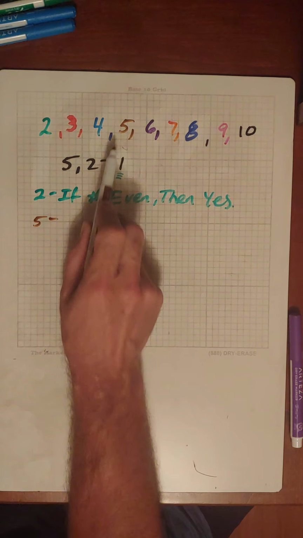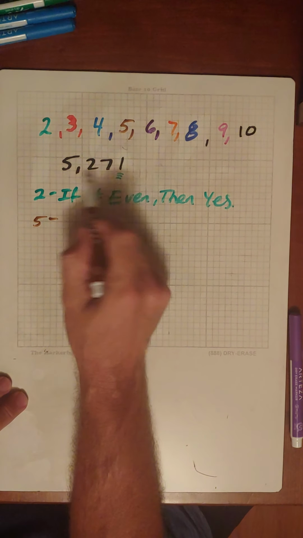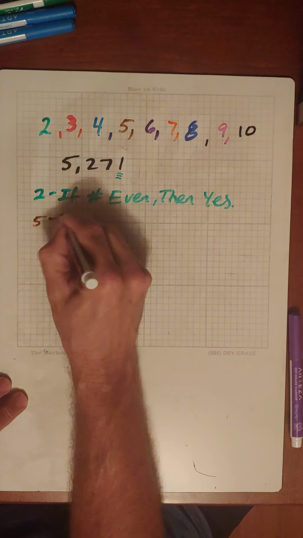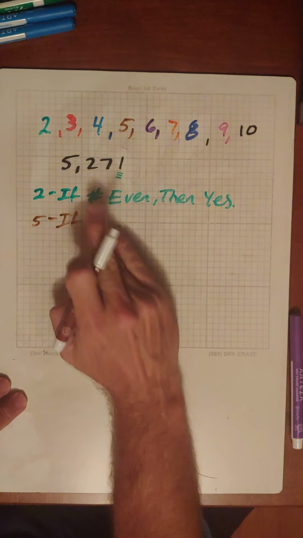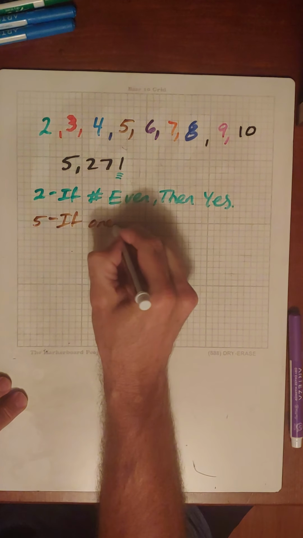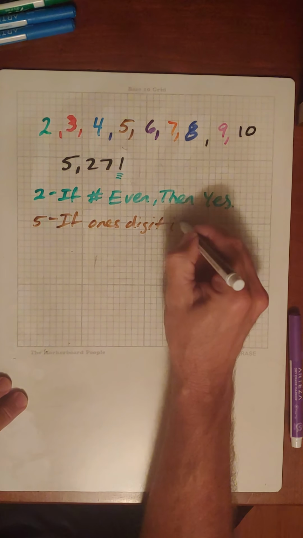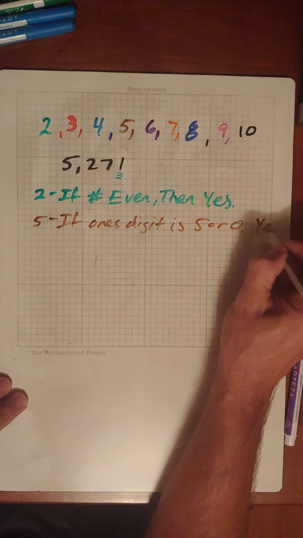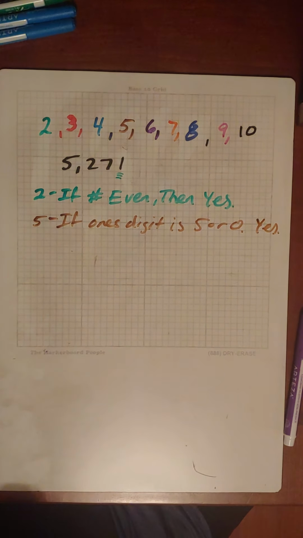So this would be no, because that's not a 5, so this number is not divisible by 5. If the ones digit is a 5 or 0, then yes. If it ends in a 5 or a 0, then it's divisible by 5.